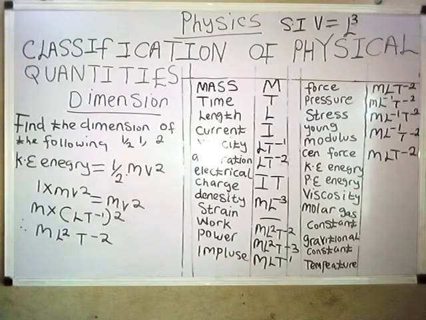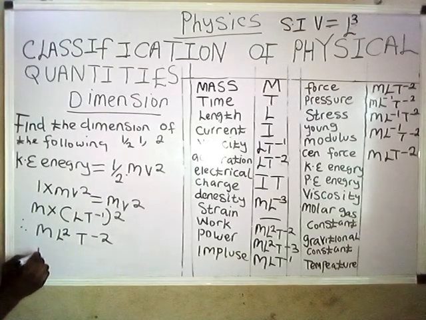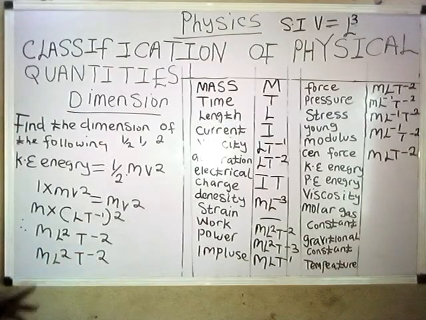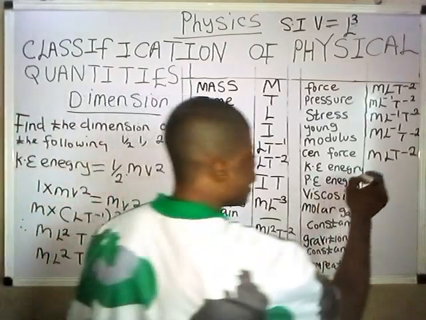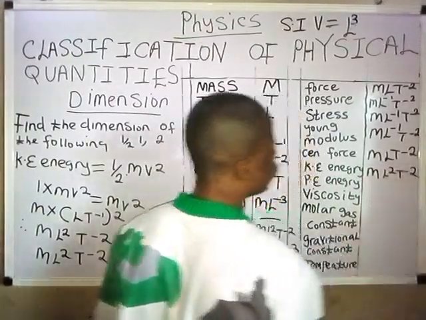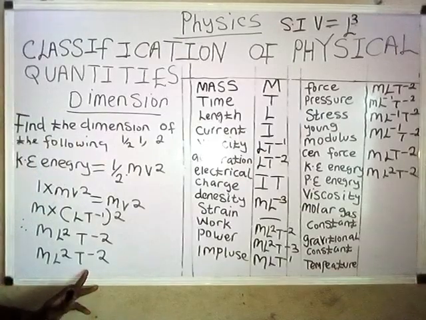So the dimension for kinetic energy is m L square t to the power minus 2. That's the dimension for kinetic energy.